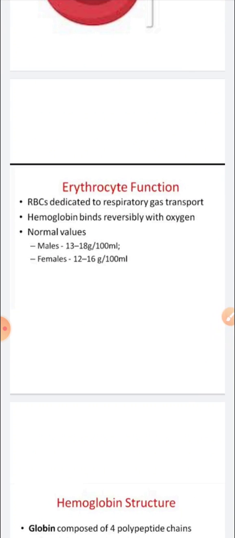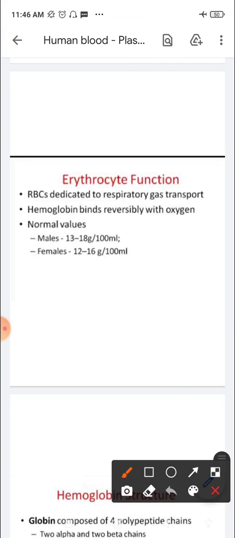If we come to the function of the erythrocytes, the first thing is the formation of erythrocytes, which we know takes place in the adults in the red bone marrow. The process of formation of the erythrocytes is known as erythropoiesis, right?